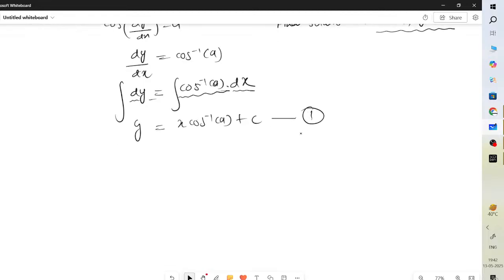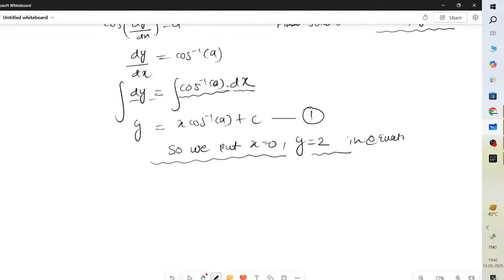So we put x equals 0, y equals 2 in equation 1.